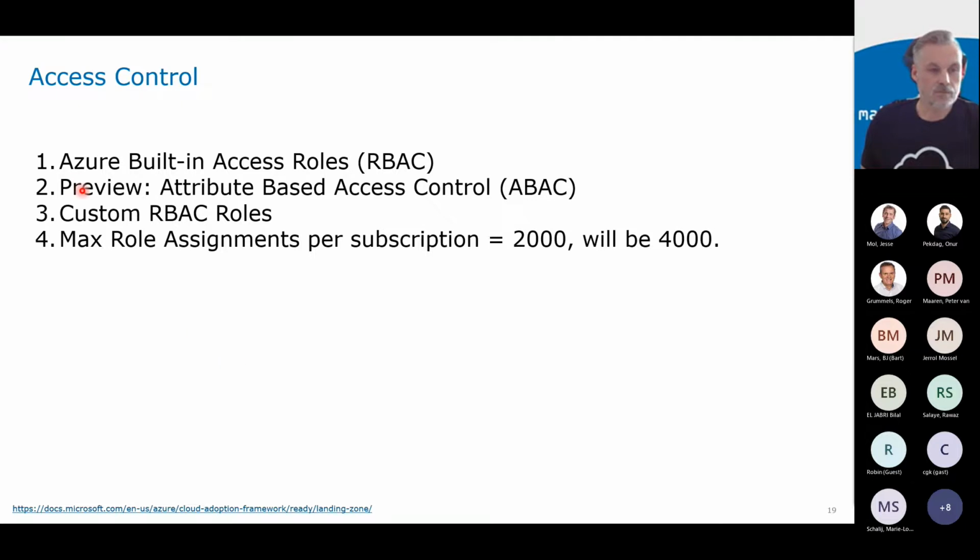There's a new type of access control currently in preview: attribute-based access control. That can be very handy because you can say, based on an attribute a user, a group, or a resource in Azure has, we give certain access. For example, someone has access to the SAP platform. We tag all the resources in the SAP subscription with SAP.